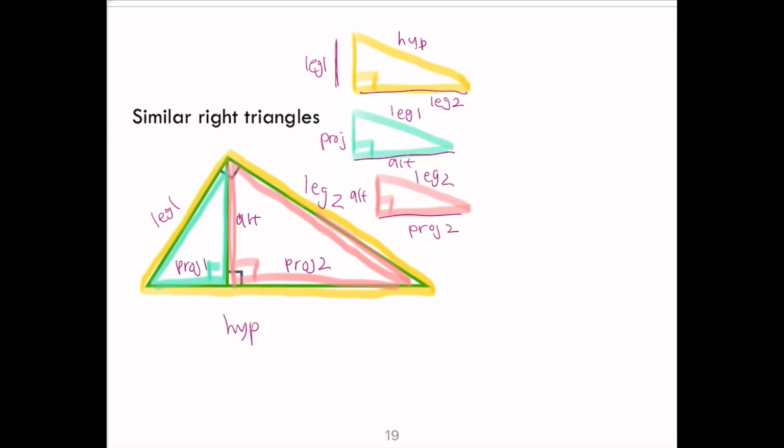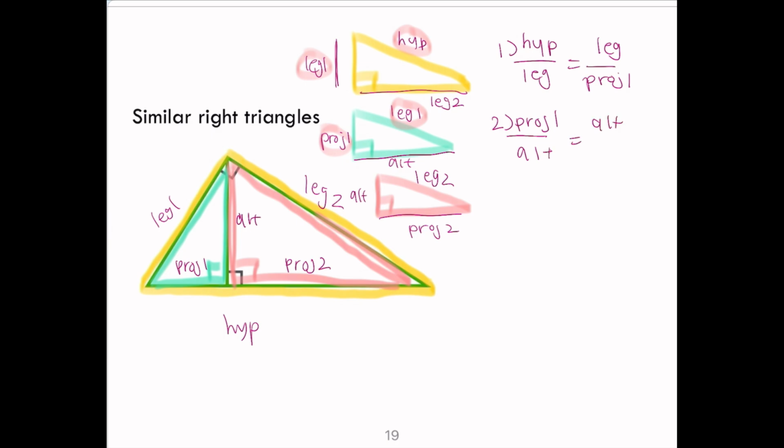All of these similar triangles have proportional relationships with their sides. So the first one is hypotenuse over leg 1 is equal to leg 1 over projection 1. As we can see, the hypotenuse corresponds with leg 1 and also leg 1 corresponds with projection 1. The second one is projection 1 over the altitude is equal to the altitude over projection 2.